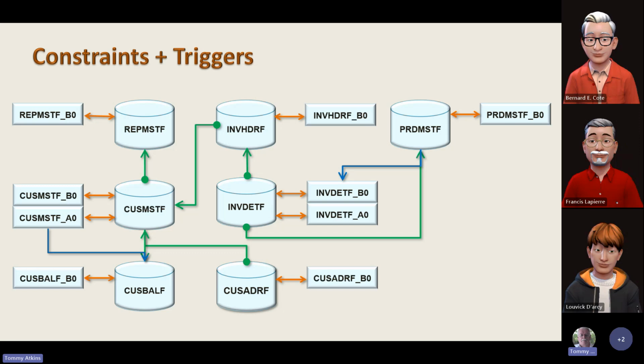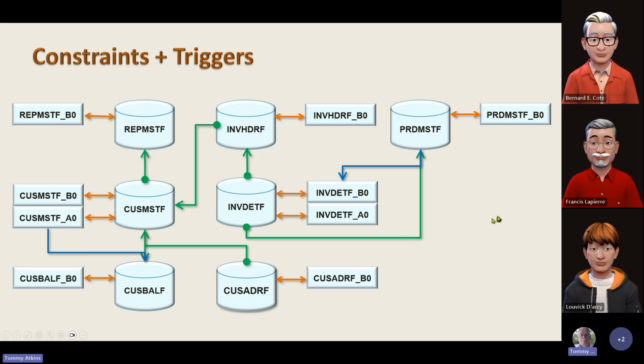And that after trigger is designed to maintain the customer balances file. There's the blue line. So every time a record is inserted, updated, or deleted from the customer master file, the after trigger will change the balance accordingly.